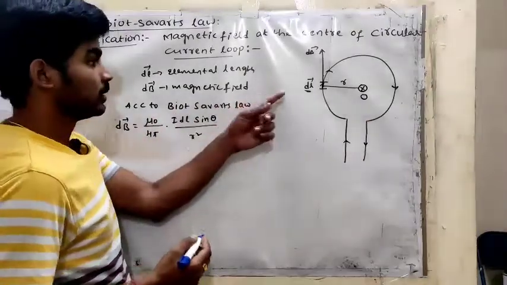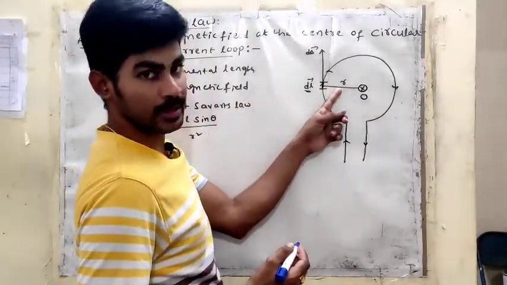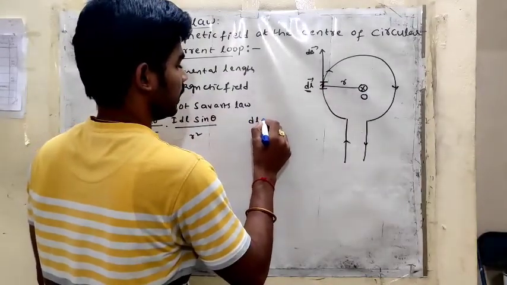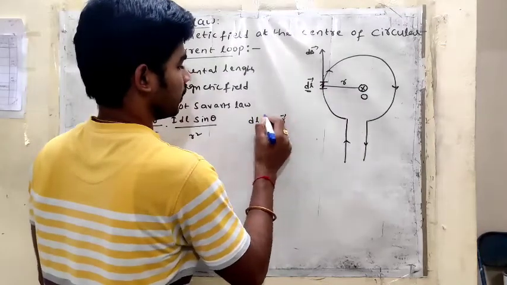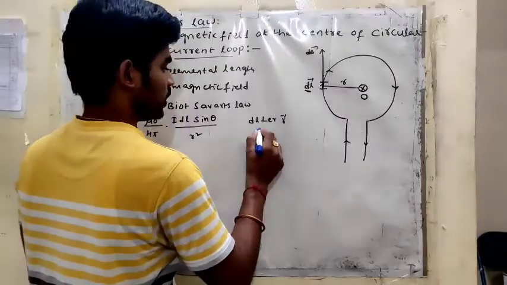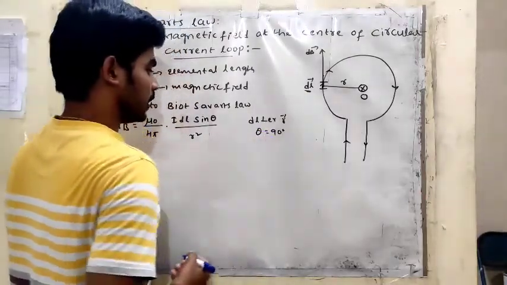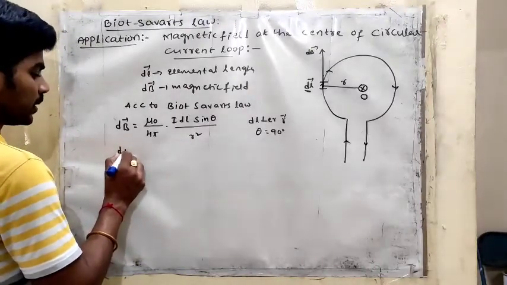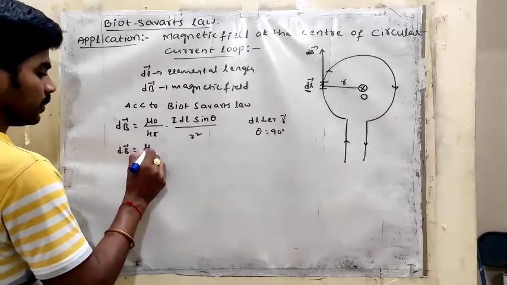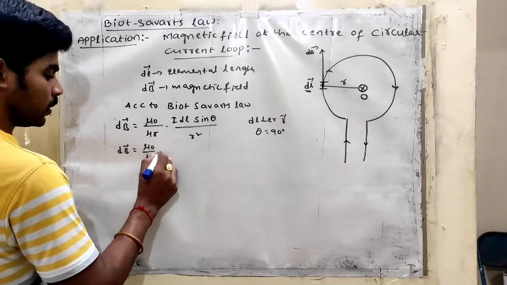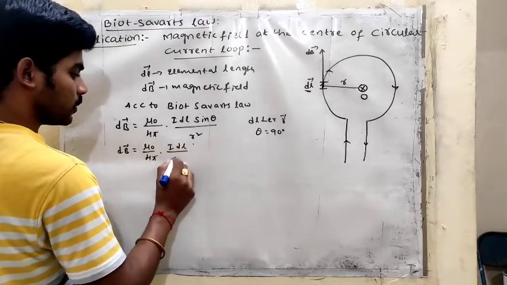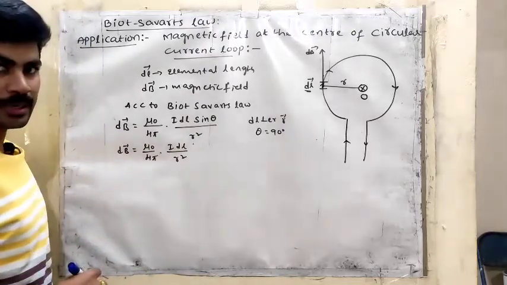This dl and this radius r are perpendicular, so dl is perpendicular to the r bar. Perpendicular means theta is equal to 90 degrees. So in Biot-Savart's law, dB bar is equal to mu naught by 4 pi into I dl sin 90, which is 1, so I dl by r square.